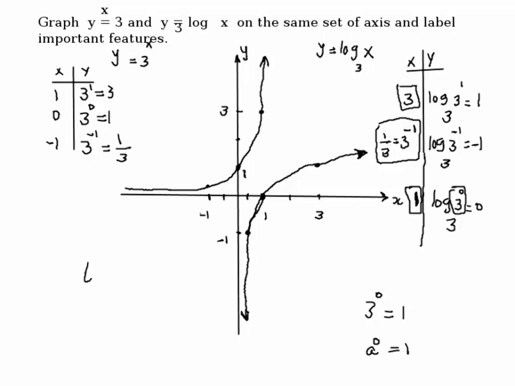Let me write this property one more time here. If I have log of a to the power of n, and the base of the logarithm is the same as the base of this exponential, which is also a, what would this whole thing be equal to, anyone? n, exactly. This is a very handy equation to remember, and that's what you're going to use to locate these points.